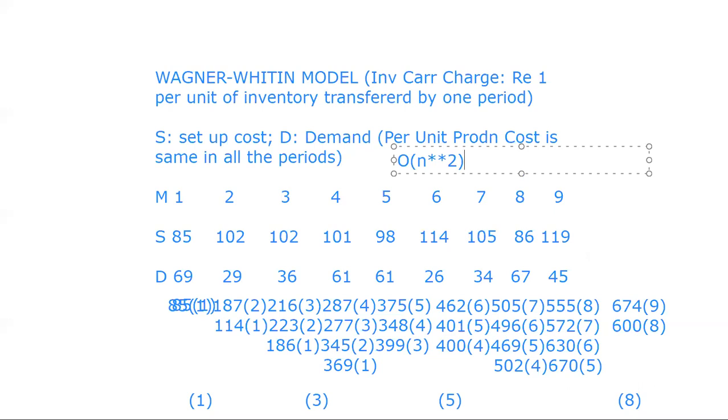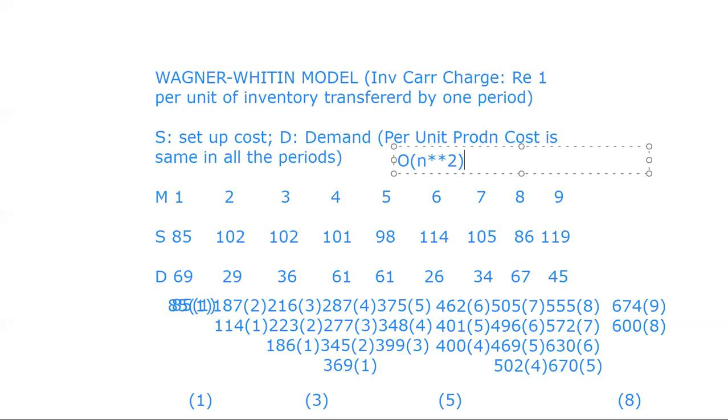And typically the Wagner Whitin problem is a dynamic programming problem. If you don't consider this I star P equal to 0, the complexity would have been enormous. Okay. Because of this simple equation, which reduces the state space, the computational complexity of this algorithm has come down.